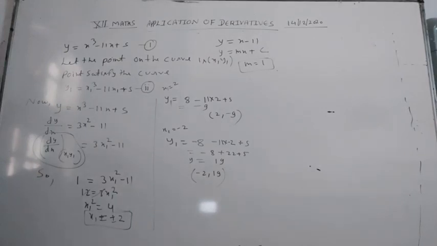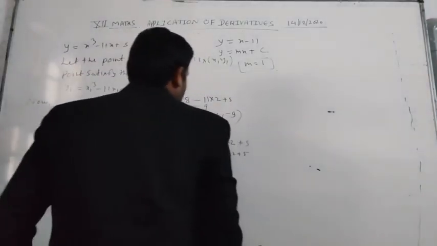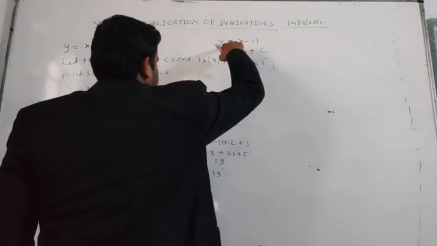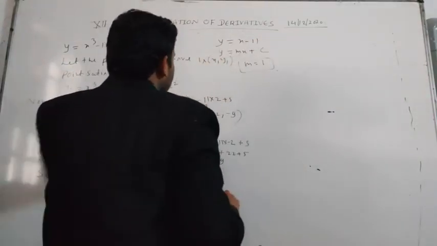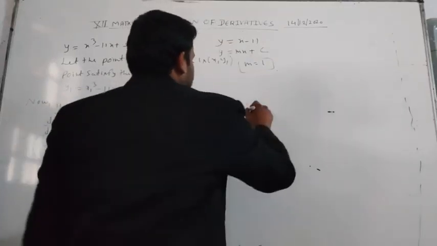So there are 2 points, which are 2, minus 9 and minus 2, 19. So let's check which satisfies the equation of the line. When we put this 2 here and y is minus 9, this satisfies the equation.